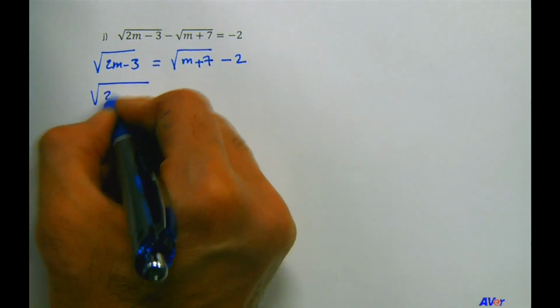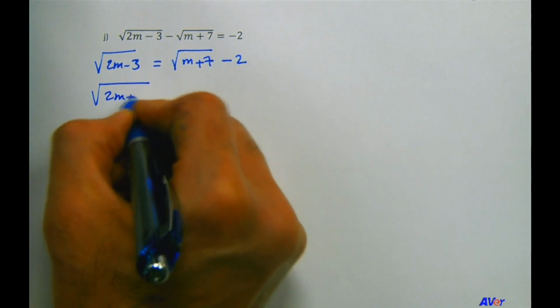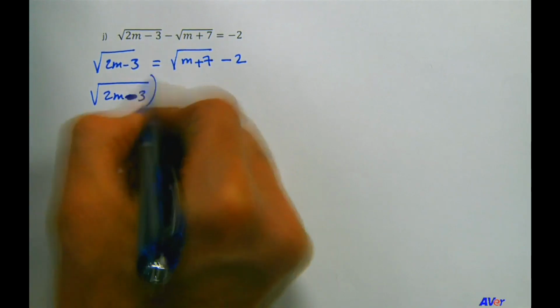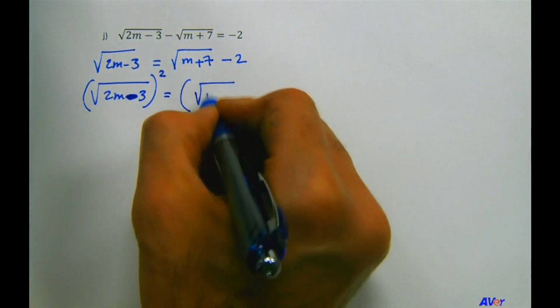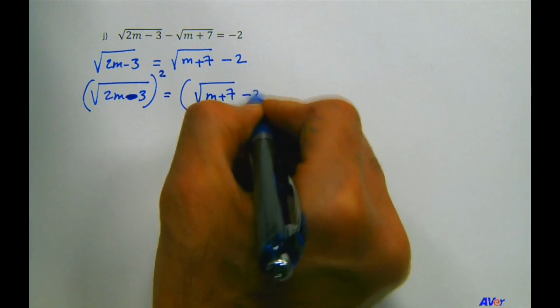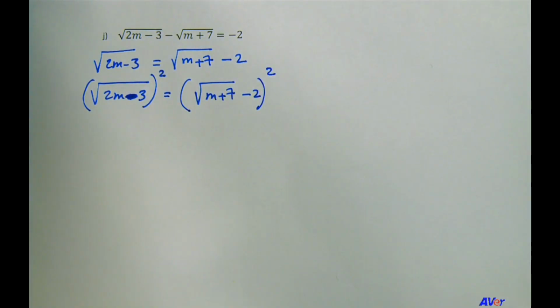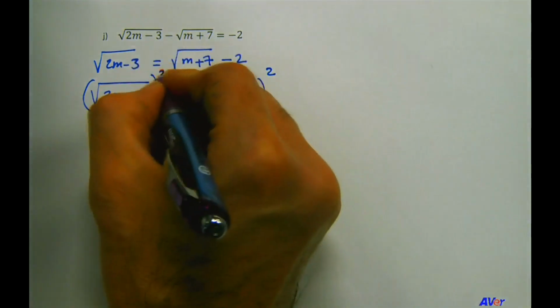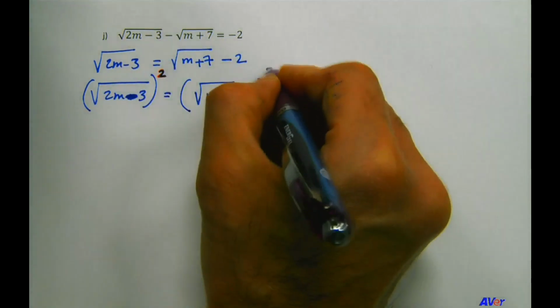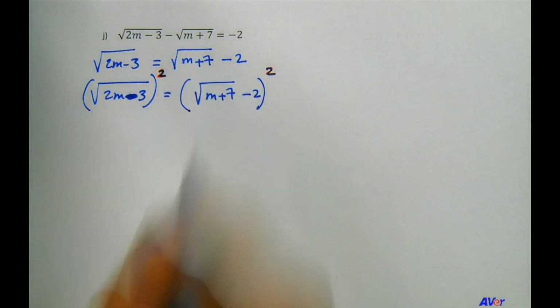So square root of 2m minus 3 squared equals square root of m plus 7 minus 2 squared. Okay, right? Usually I put these in red so you can see it and it doesn't get mixed in with the above equation. So that's that.